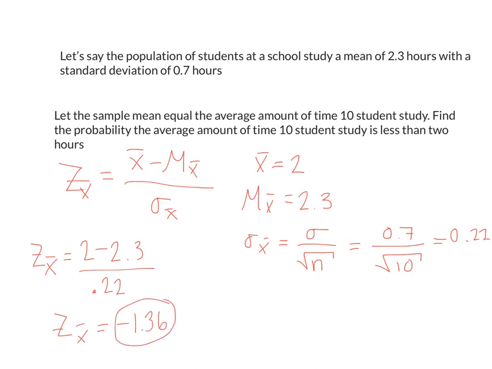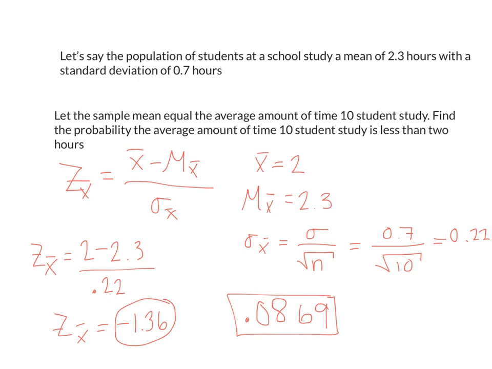We are going to use this z-score now to find the probability on the z-table. So you go to negative 1.3 in the column, and then on the row at the top, you look for 0.06. You find where the z-score meets, and the probability of the students studying less than 2 hours then would be 0.869.